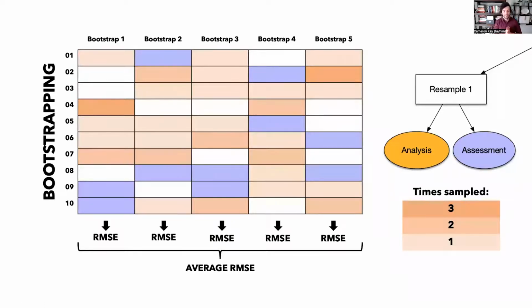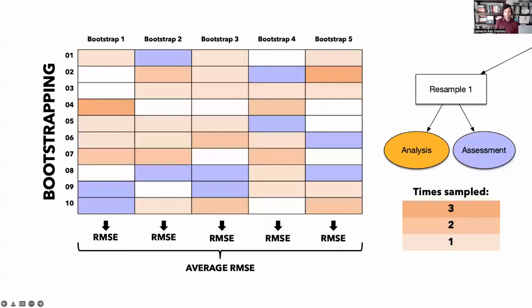And one final thing to note here is that bootstrapping, as compared to K-fold cross-validation, will tend to have more bias, but less variance. The idea is that since we are including less of the data in the analysis set, we're going to generate less accurate predictions in each given fold, but we're going to tend to have less variance because we're less likely to overfit to any given set of the data.